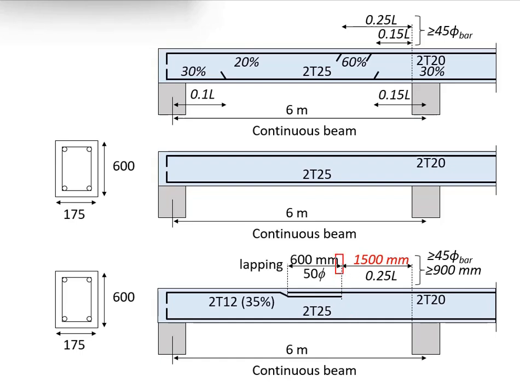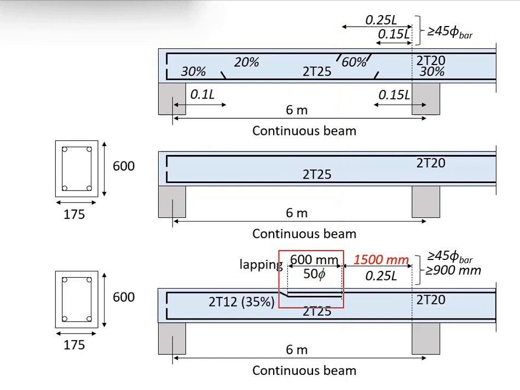That means you will expect the full stress to develop here, and you will have zero stress developing here. Therefore, you cannot have the lapping start here. You should have the lapping end here. This will be the right arrangement of the reinforcement at the lapping region.